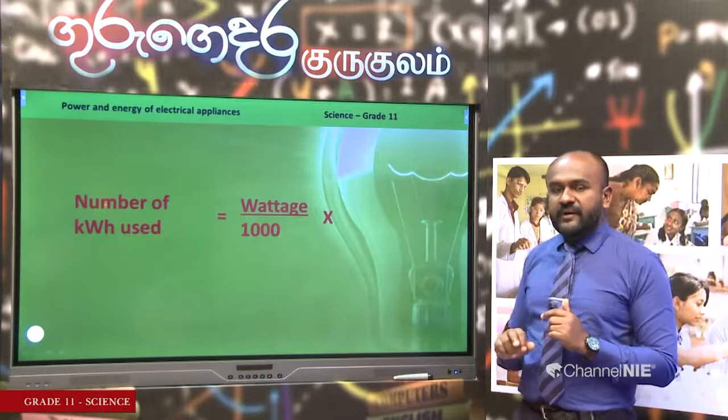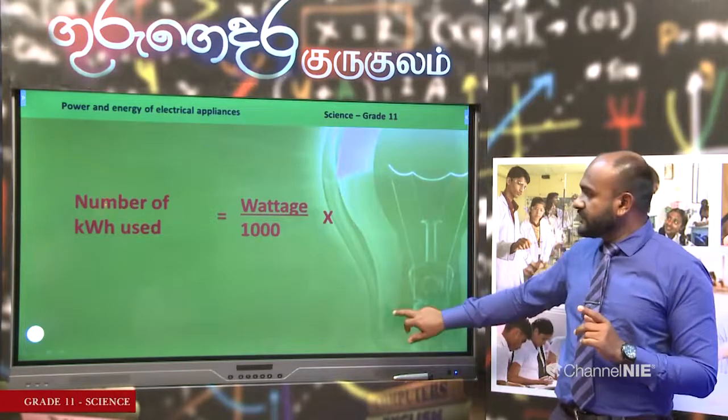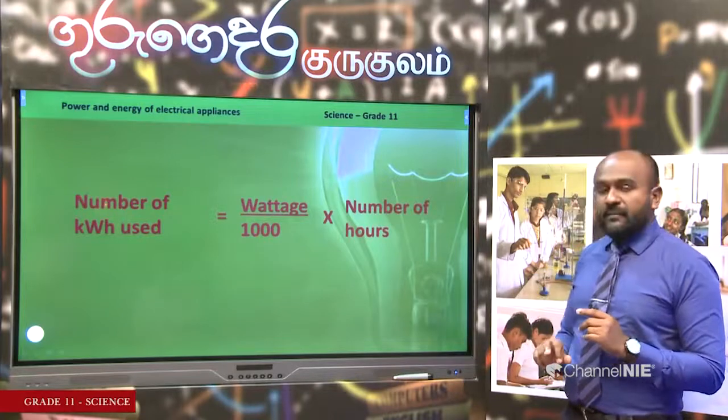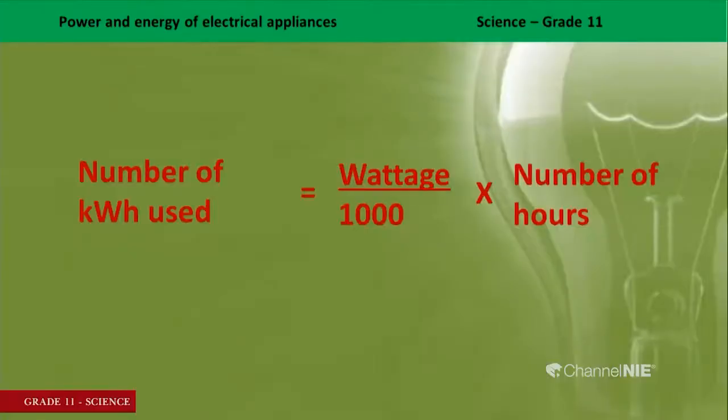We multiply that by time, but time should be taken in hours. So, number of hours. First you take the power in kilowatts. If it is given in watts, you convert that into kilowatts by dividing by 1000, and then you multiply by the number of hours. Then we can get the electricity consumption of the particular appliance.